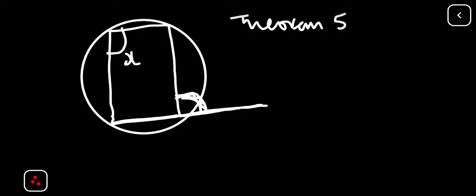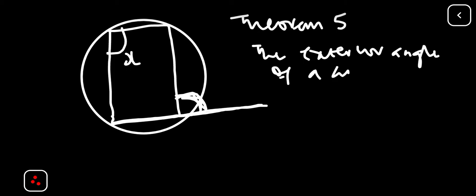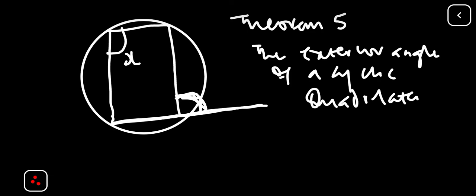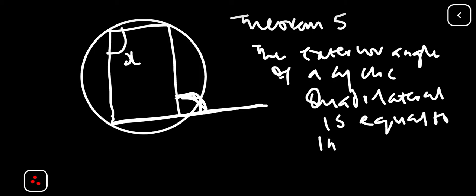theorem 5 says that the exterior angle of a cyclic quadrilateral is equal to the interior opposite angle.